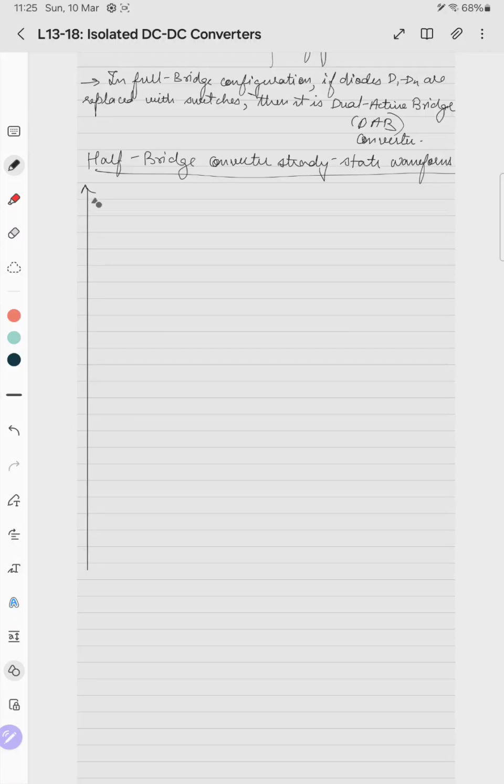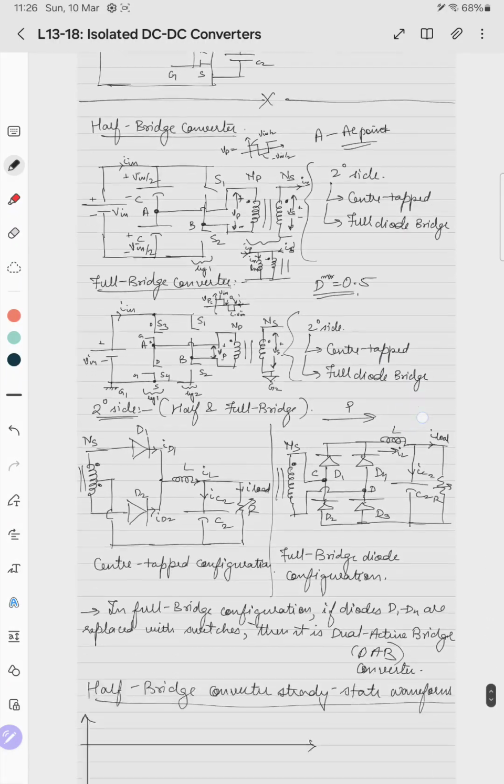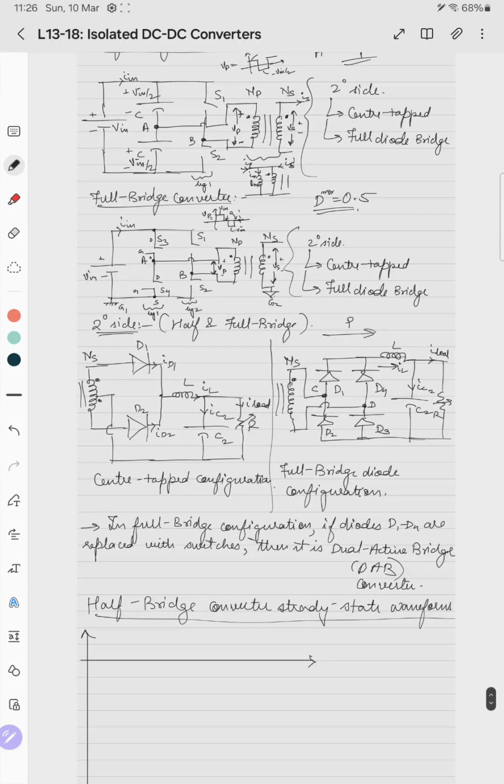First we'll draw the switching. So in the half bridge we have two switches, S1 and S2, which operate in a complementary fashion. As we have two switches, we have only two types of switching.